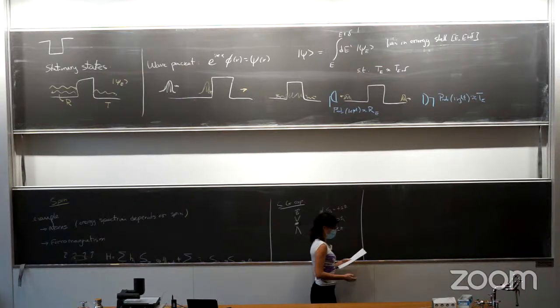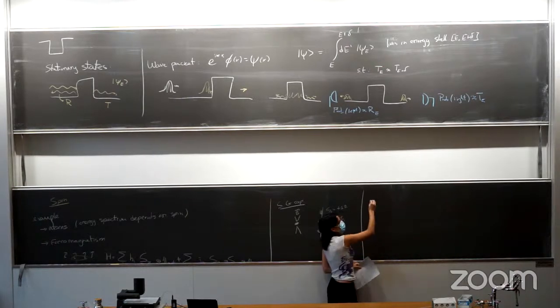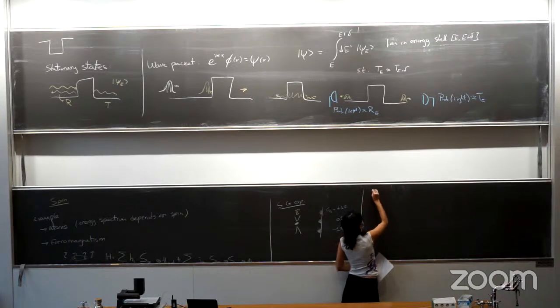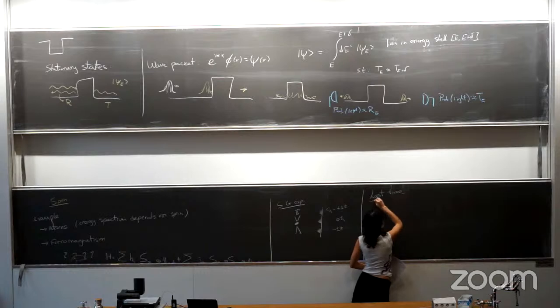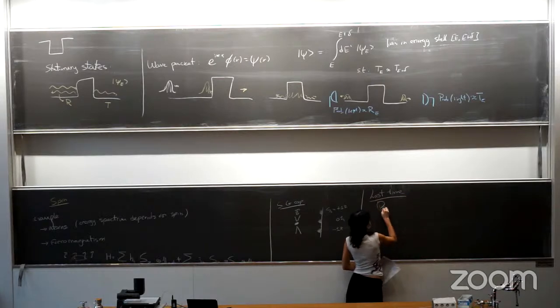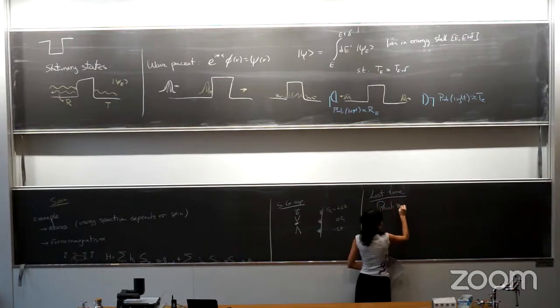So let me just recap what we know so far. We started with the Pauli matrices, right?